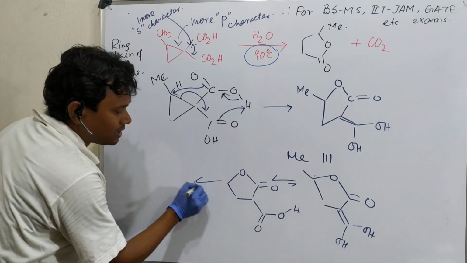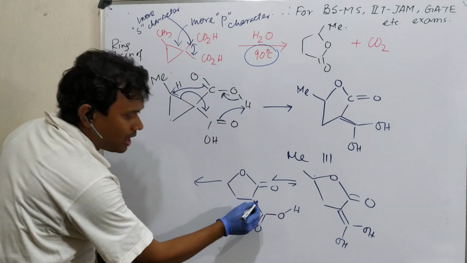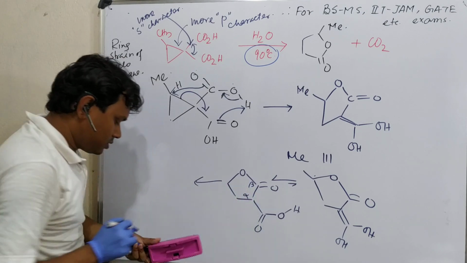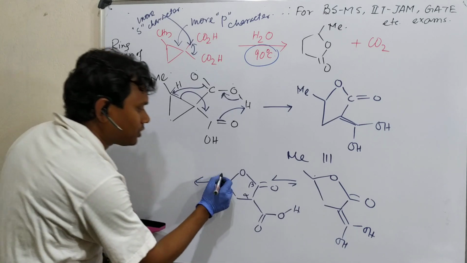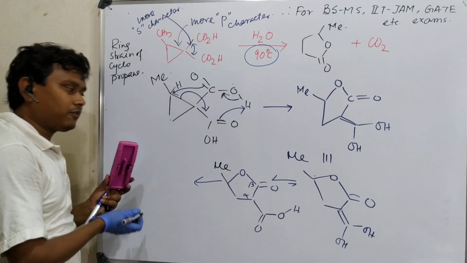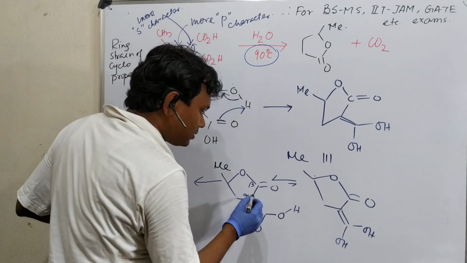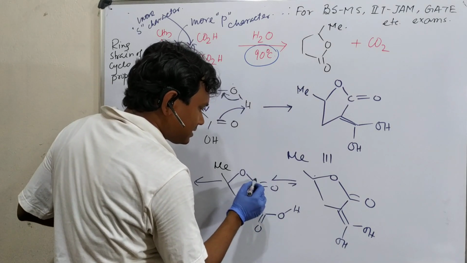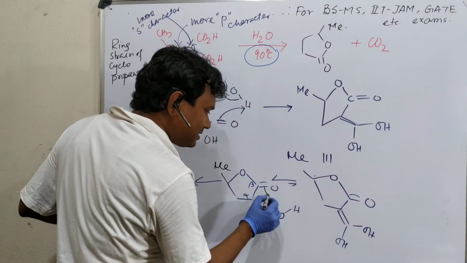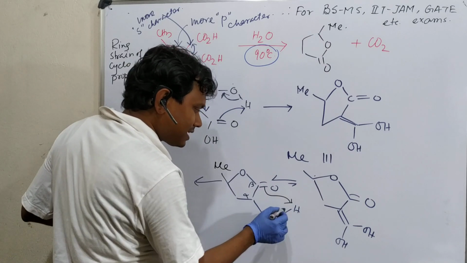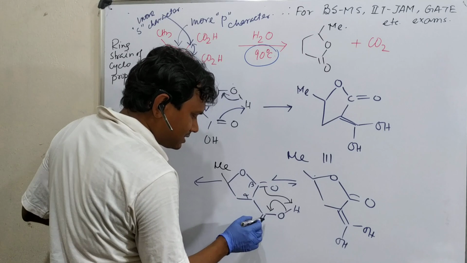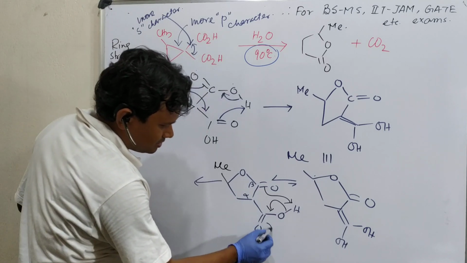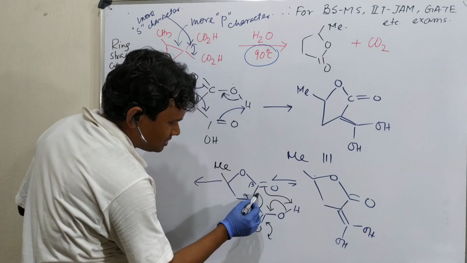So now let's come to this. See, this is actually an alpha beta. So this is a beta-keto acid. So it can undergo facile decarboxylation. I forgot to give the methyl. So okay, fine. So how does this happen? So this thing abstracts, it comes and this comes here.